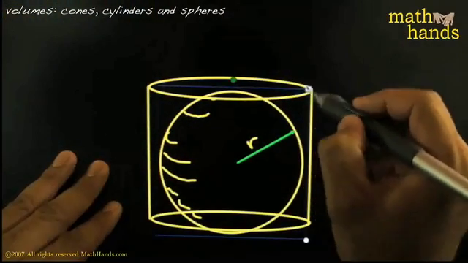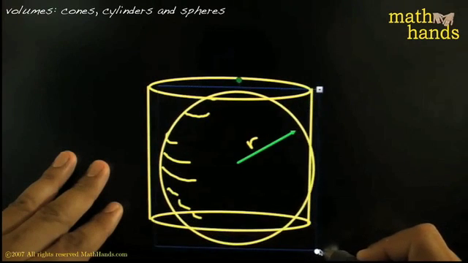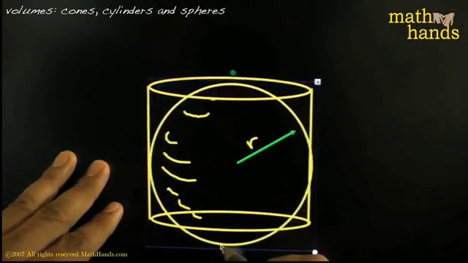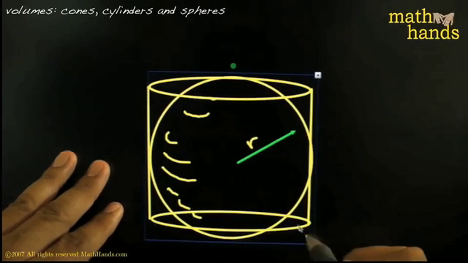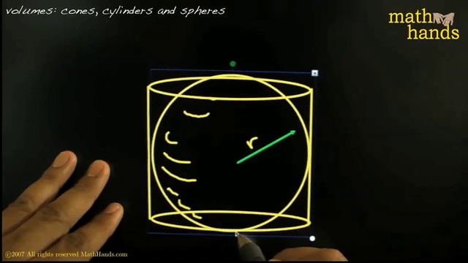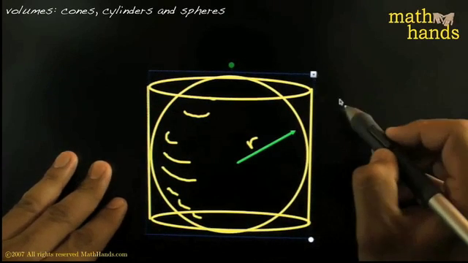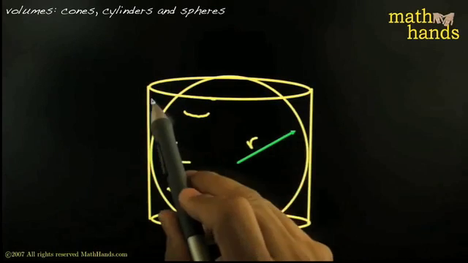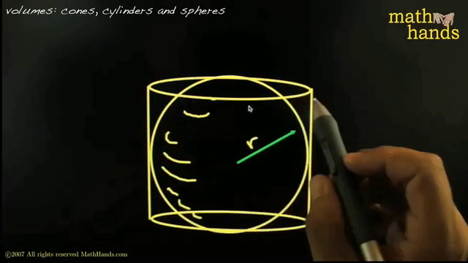Let me make it a little bit bigger and move it to fit right in there. It's completely inscribed. I know my drawing is not perfect, but take my word for it, it's inscribed. So the question is, which has more surface area, the sphere or the cylinder?